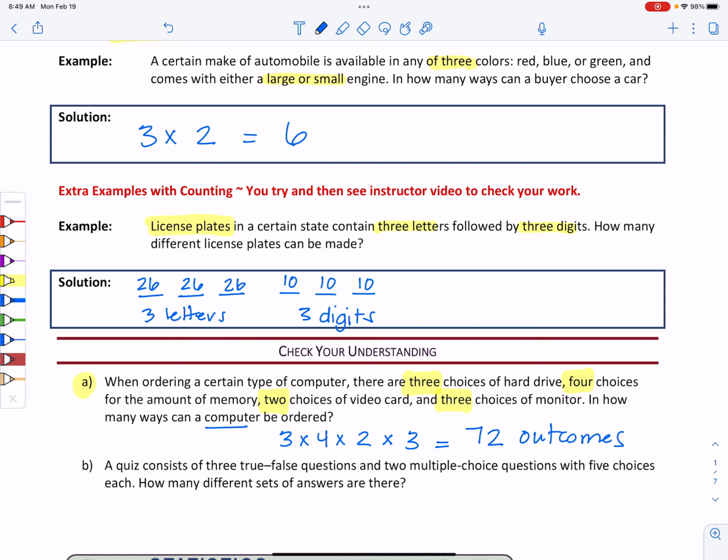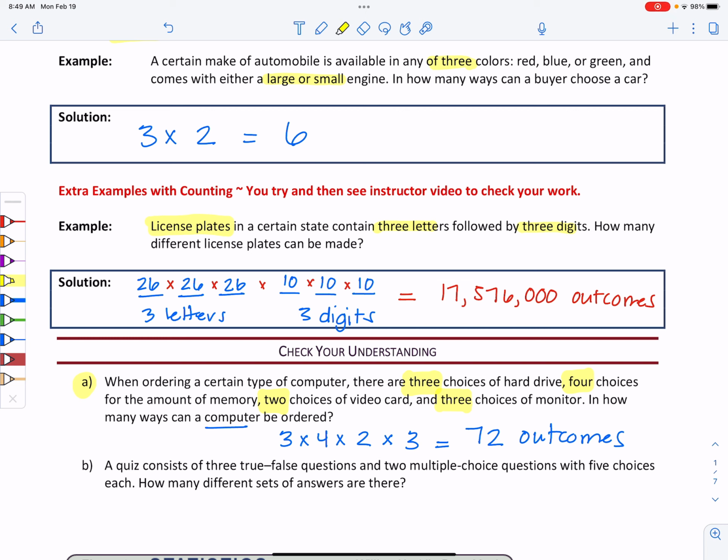It's just that instead of those being given outright, I had to think about what those outcomes would look like. Once I've counted for each individual, all I'm going to do is multiply to get the total number of outcomes. If I multiply here, I'm looking at 17,576,000 total outcomes, or in this case, different license plates that can be constructed.